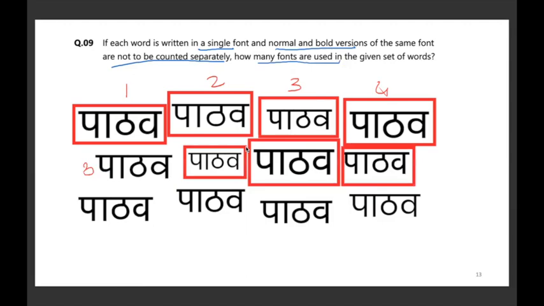Second, I will number it. This is 5, 6, and 7. This is 7. This is 4. This is 6, which is same. And this is 5. So the total number of fonts that are used in this set of words is 7.